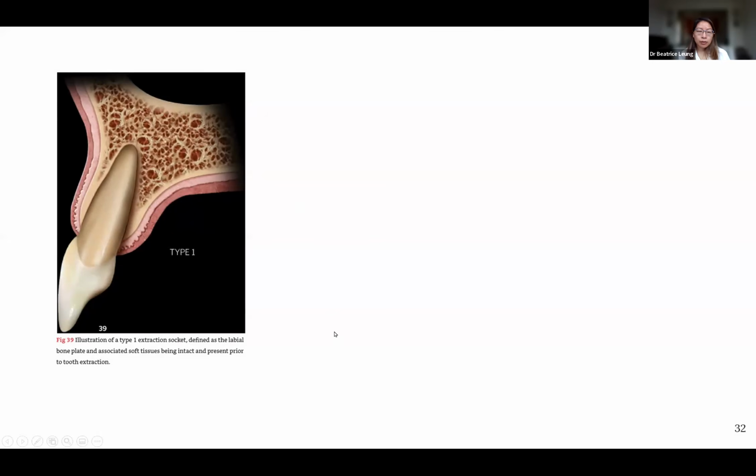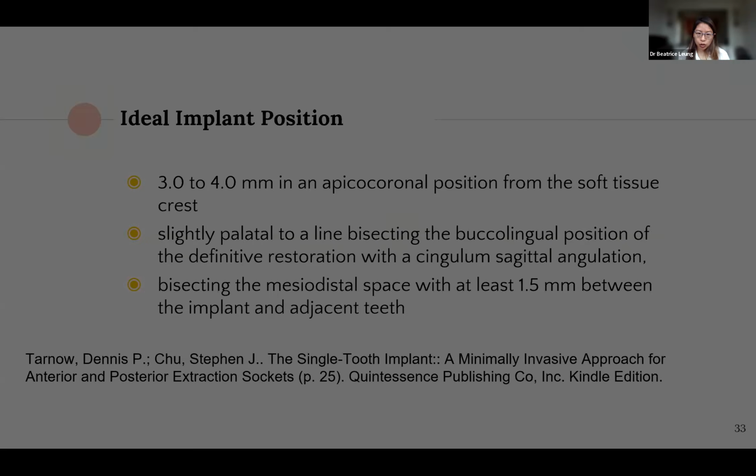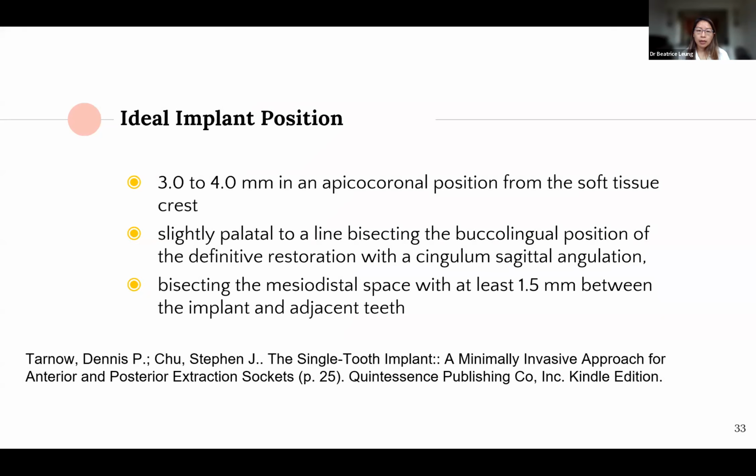Okay, so this is the type of situation where I think we can consider immediate placement and immediate provisionalization to help support the bone and the soft tissue. Okay, so ideal implant positioning, I already talked about it, but I thought I'd put it in here again, just so that you can really know it well. It should be 3 to 4 millimeter in the apical coronal position from the soft tissue crest.